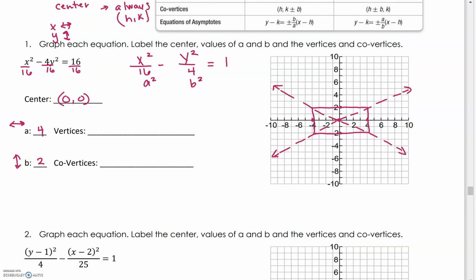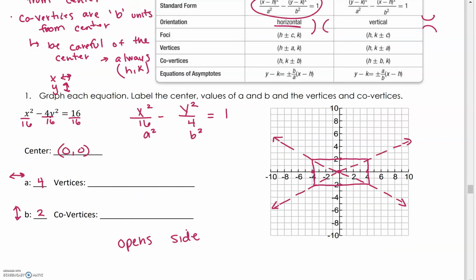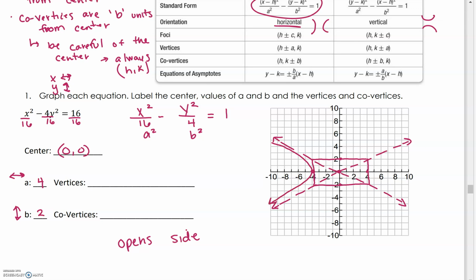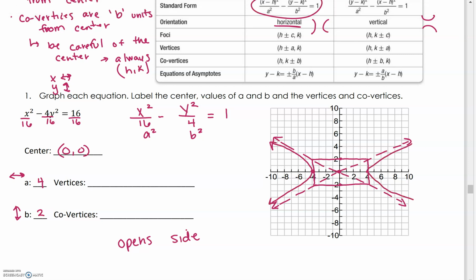And then we are opening to the side, opens to the side, because our x squared is first. So that means that we have through this point here, and we don't touch those dashed lines, those are our asymptotes, and we go to that point and go alongside those. And there we go. That's it.